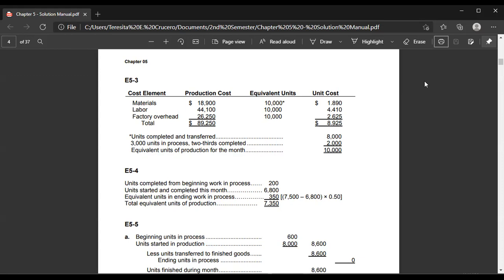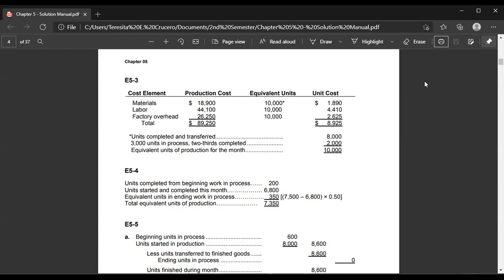Your equivalent units of production is 10,000. So use 10,000 as the divisor in determining your unit cost. So the cost per unit is 8.925.